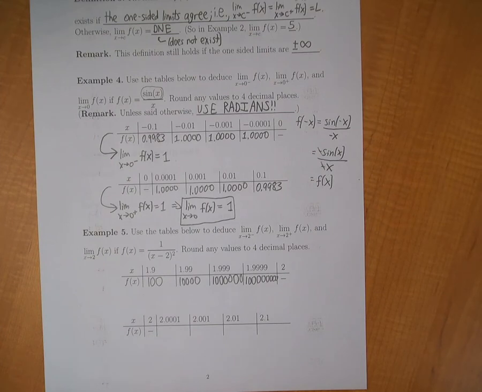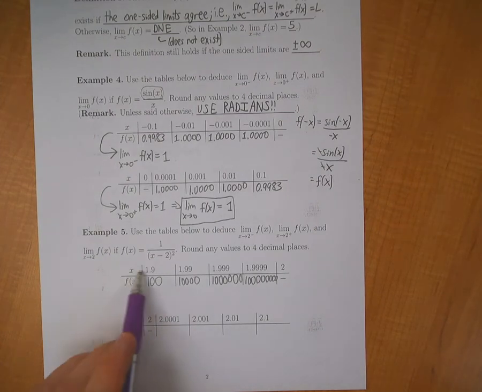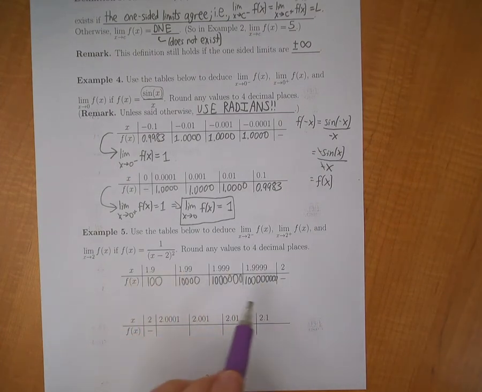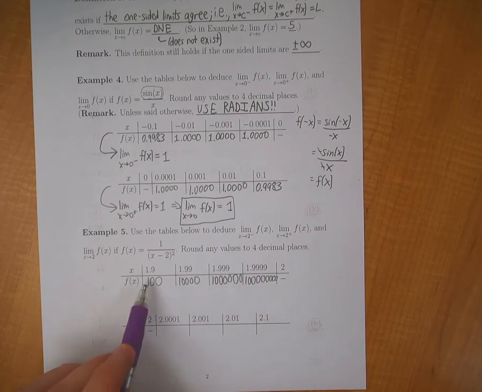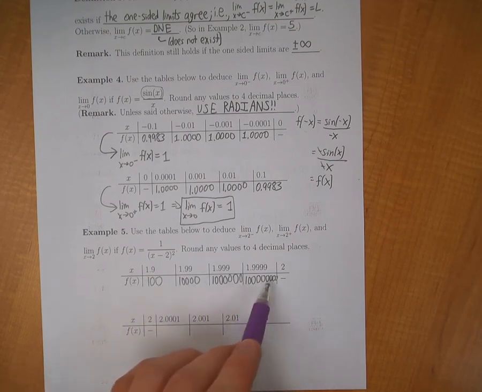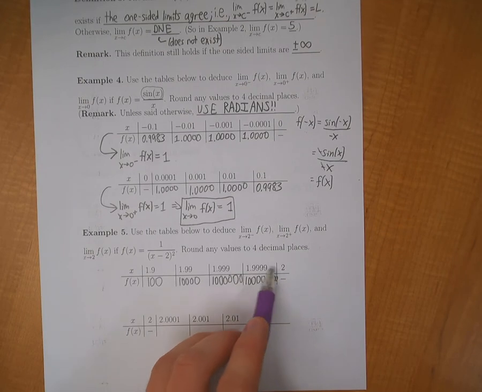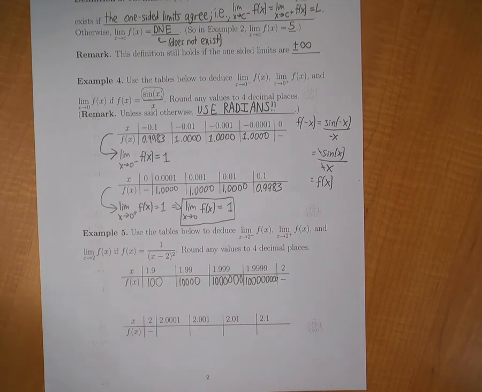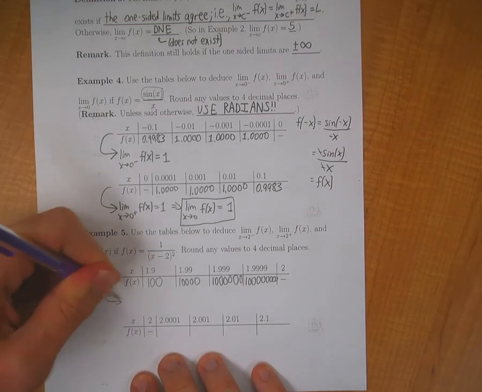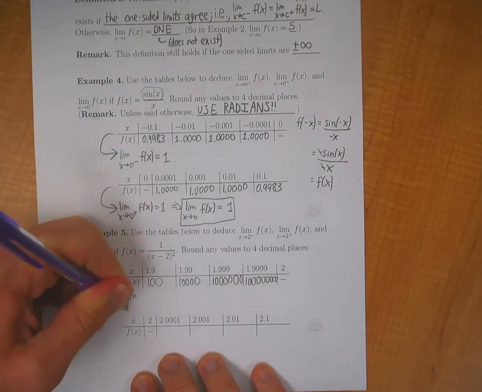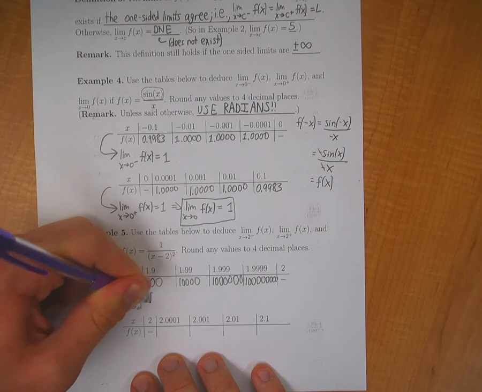So here's what we notice. If x is getting closer and closer to 2 from the left, f of x is getting arbitrarily larger and larger. And if you keep getting closer and closer to 2 from 1.9999 onward, it'll get even larger and larger. Taking that into account, what should that tell you about the limit as x approaches 2 from the left of f of x?